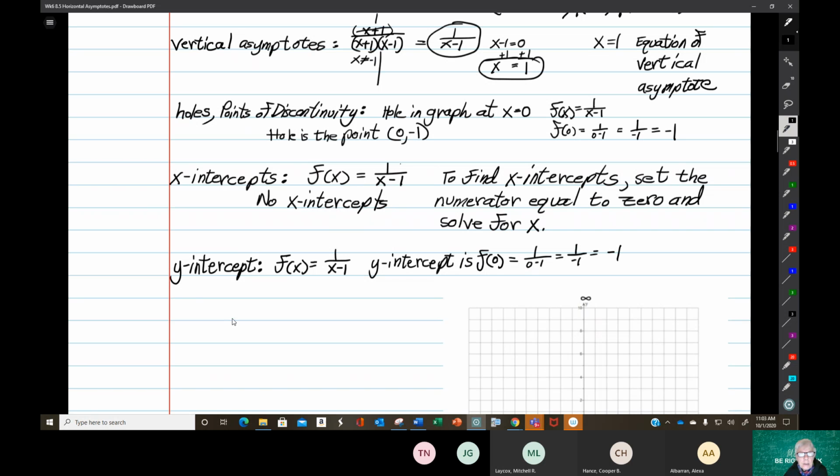I hate it when I get things wrong. Let's go back to the holes. I said the hole in the graph is at x equals 0. It was x equals 0 yesterday, not today. It's at x equals -1.